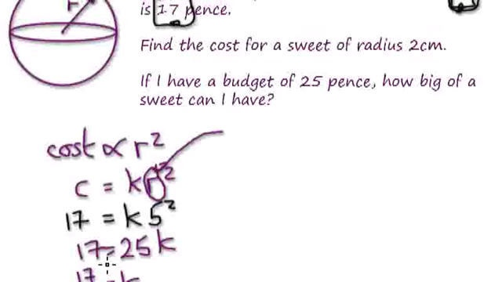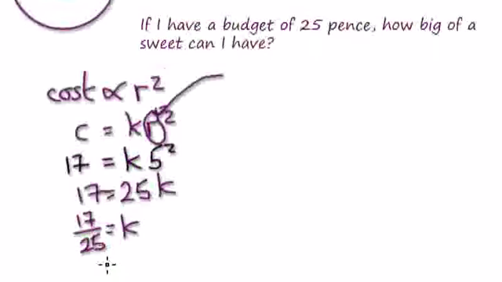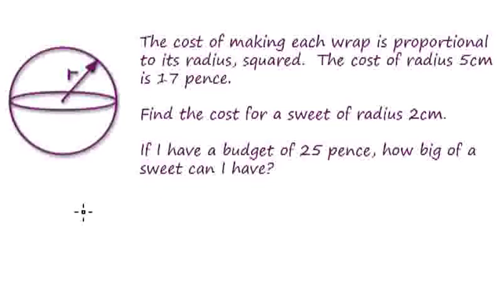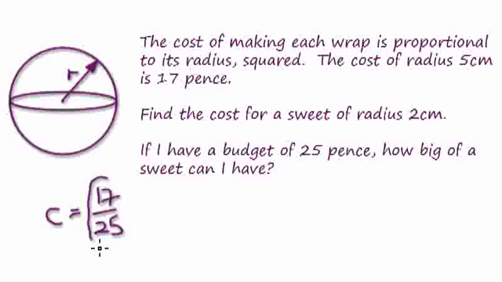So here we've got our equation: cost equals 17 over 25 times r squared. This is our value of k, and this is our equation.